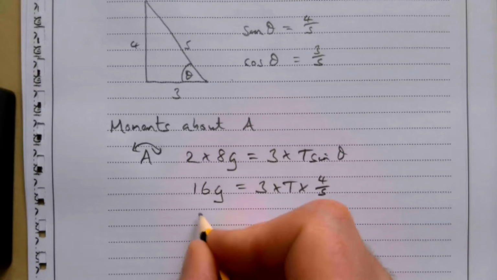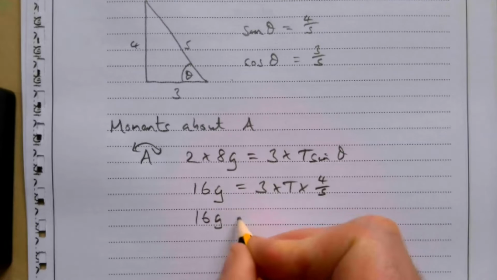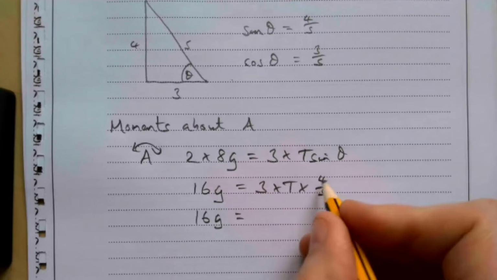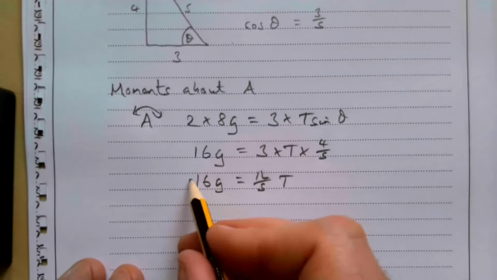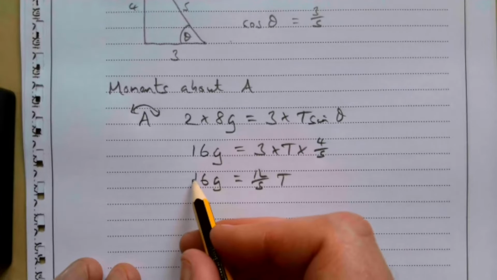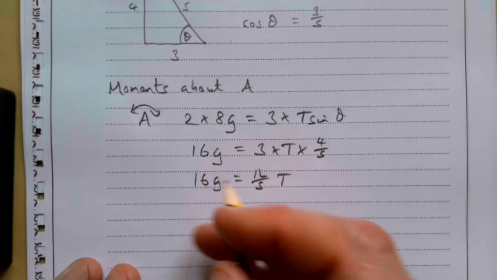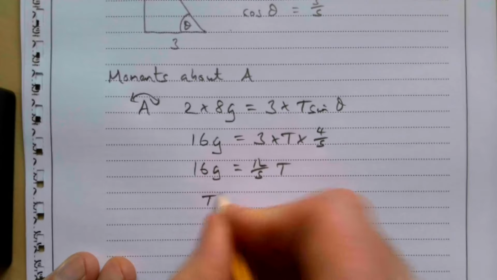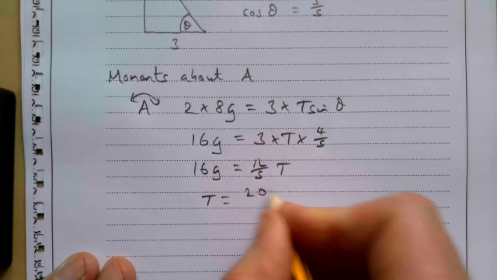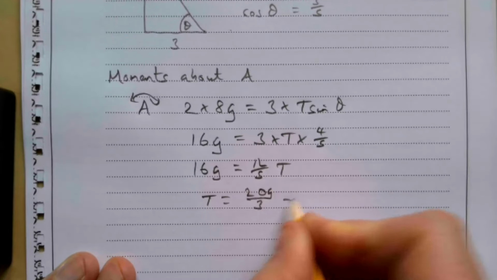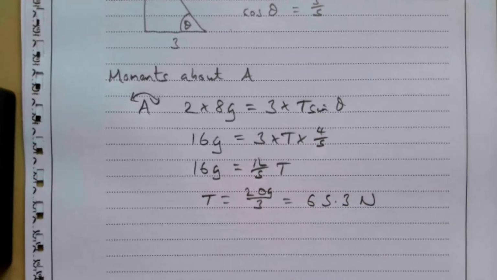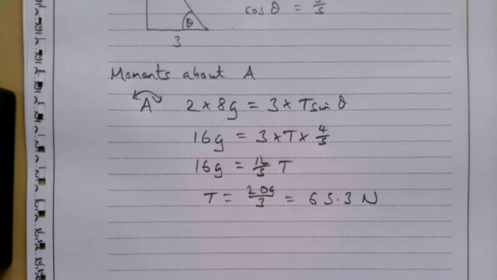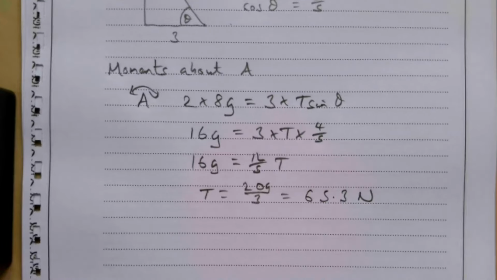If we rearrange that, 3 times 4/5 is 12/5 T. If we times that by 5, we get 80g over 12, and it tidies up so that T equals 20g/3, which gives me 65.3 newtons.